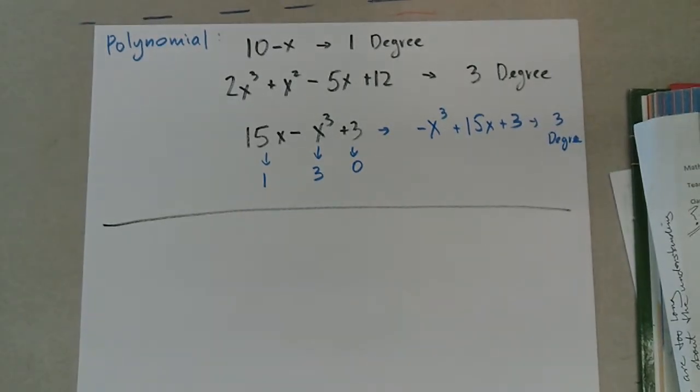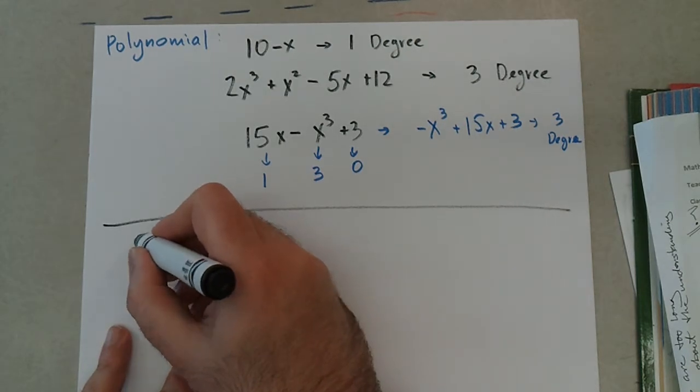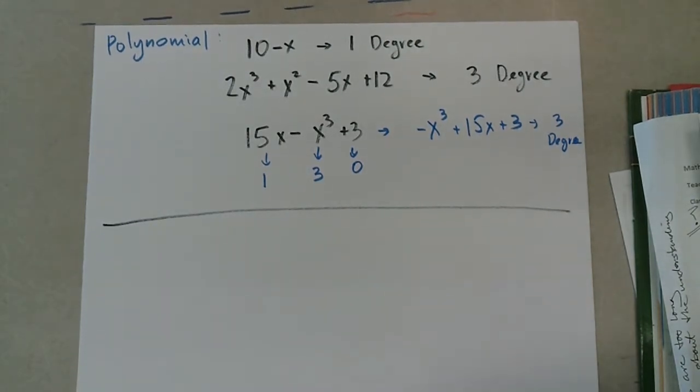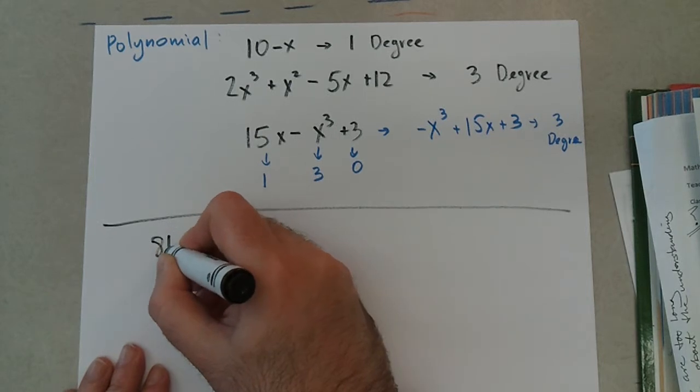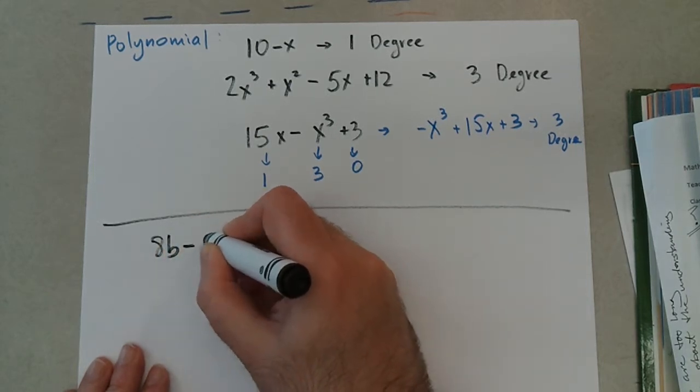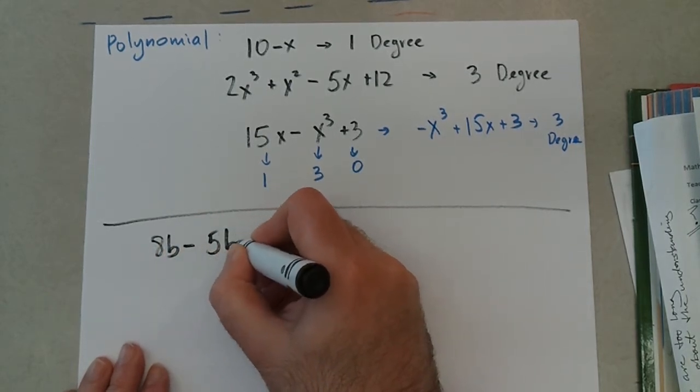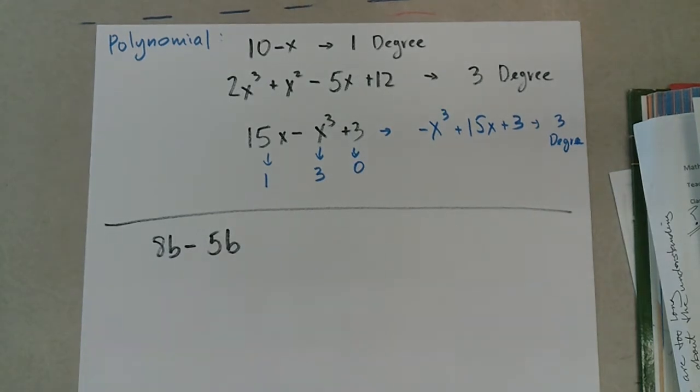And the last thing that I want to show you is how to add and subtract polynomials. So for example, if I gave you a problem like this, let's start off with something simple. Like if I gave you 8b minus 5b, well, it's a polynomial made up of 2 monomials, both of them being first degree.